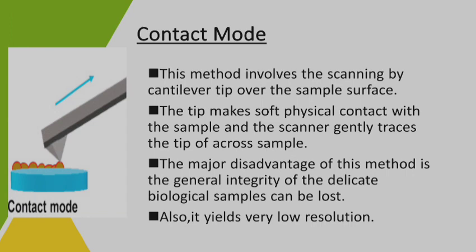But there is a disadvantage in this method. In case of biological samples like cells, the tip can damage the surface of the biological samples. That is, the general integrity of the delicate biological samples can be lost, and also the resolution obtained in contact mode will be very low.